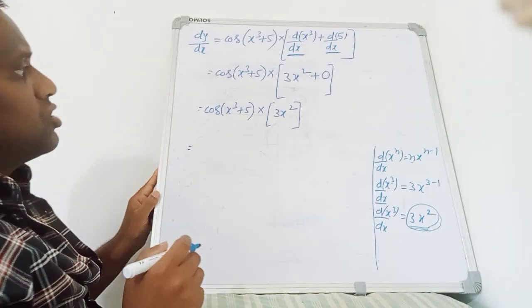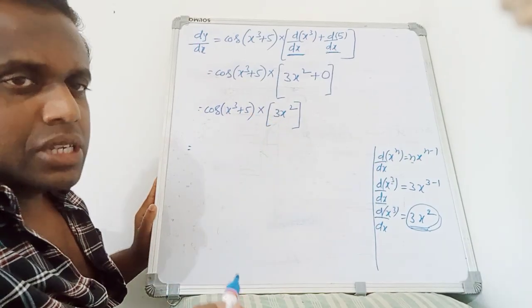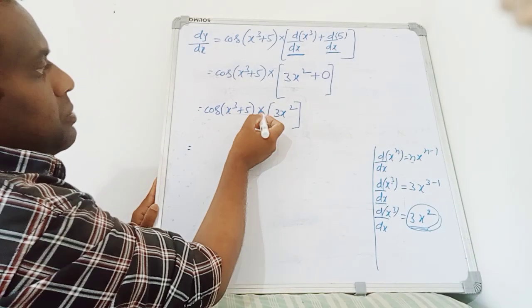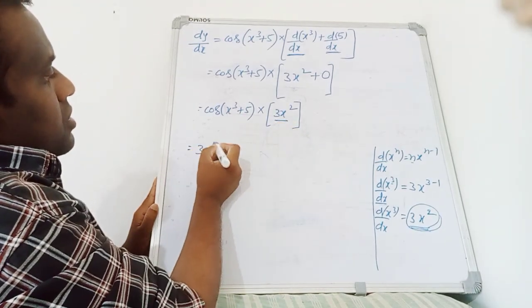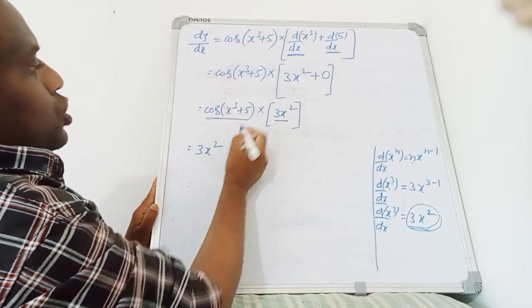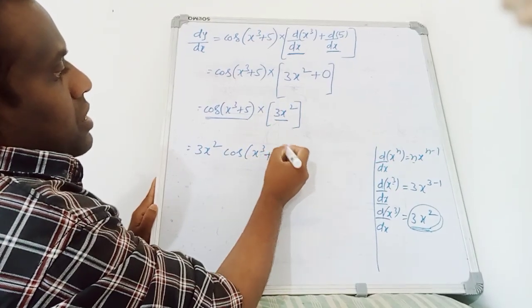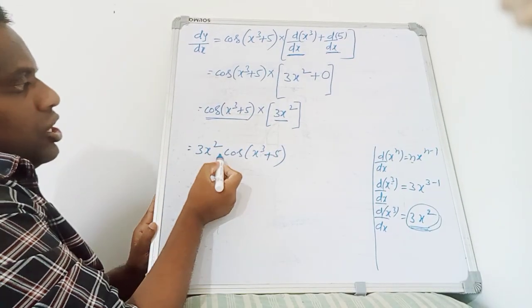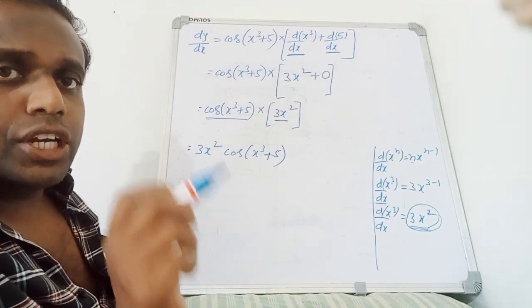Here into means multiplication, so I can write 3x square first, then cos of x cube plus 5. If you don't write anything here, it is understood that into is there.